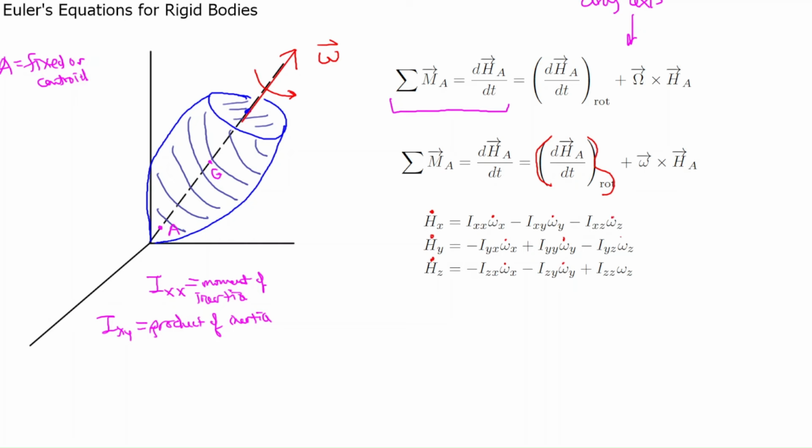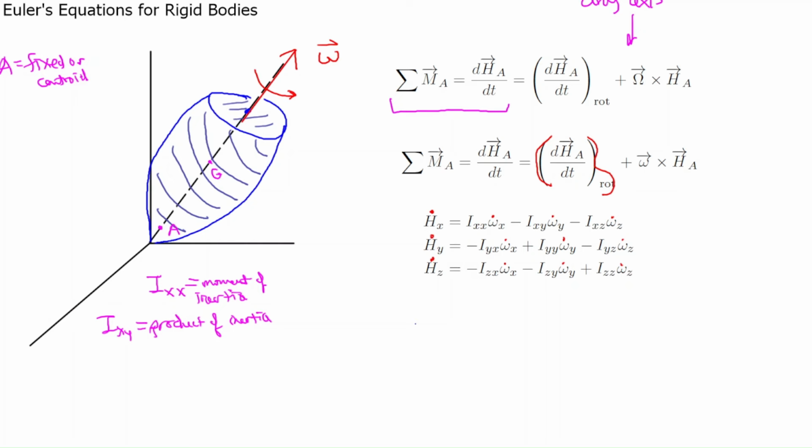The components of I are going to be constant, which really is a huge simplification.